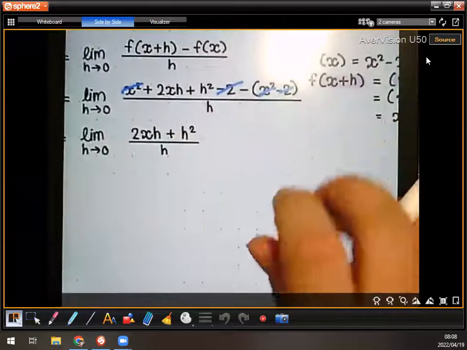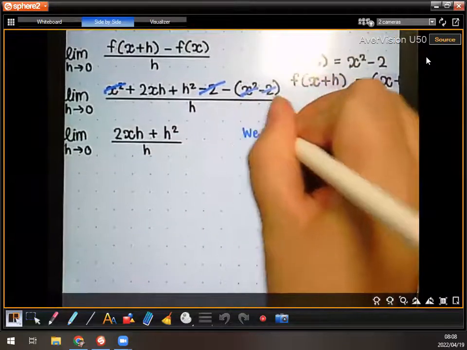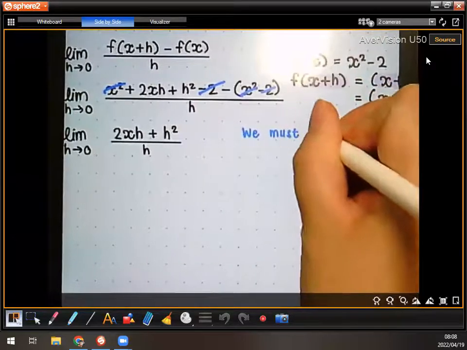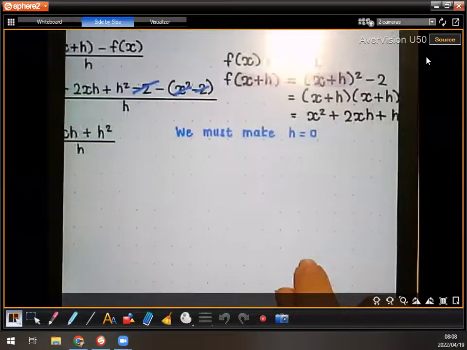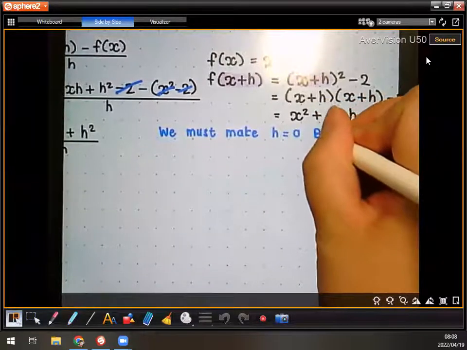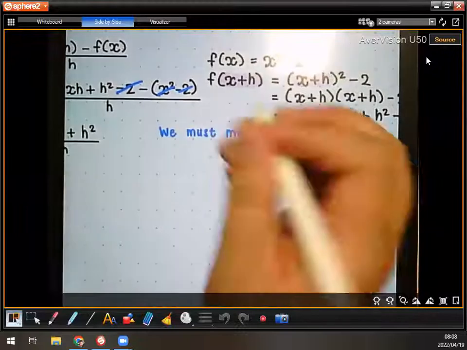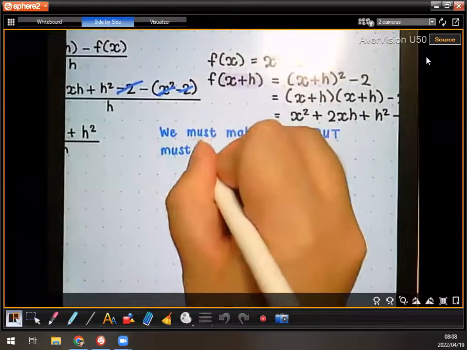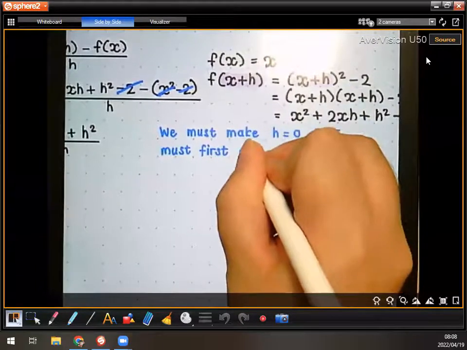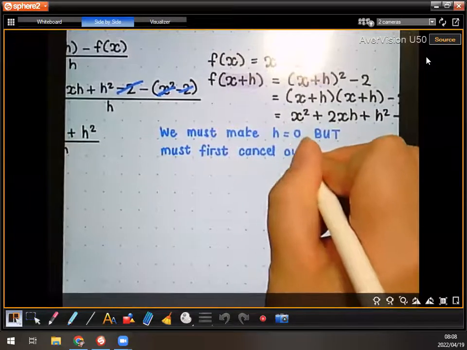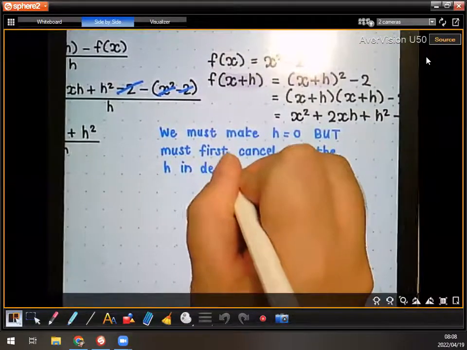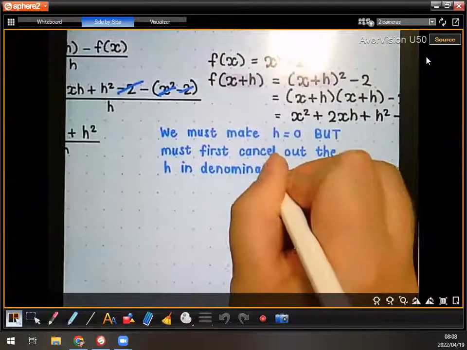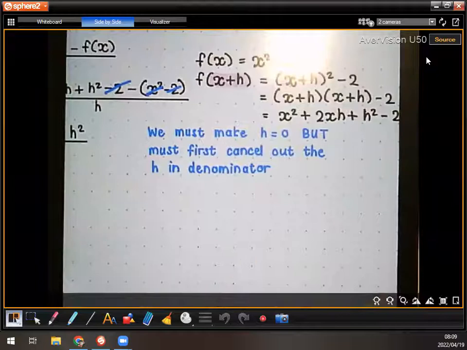So I'll make a little note on the side. We must make h equal to 0, but we must first cancel out the h in the denominator.